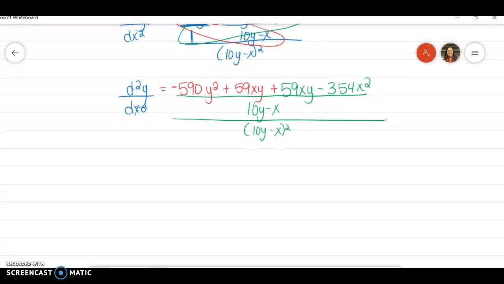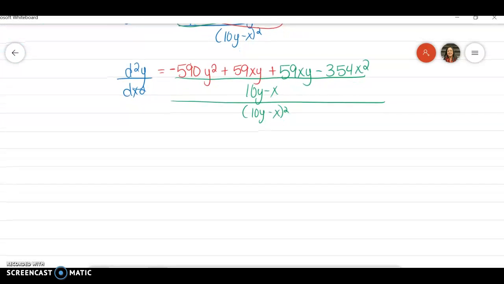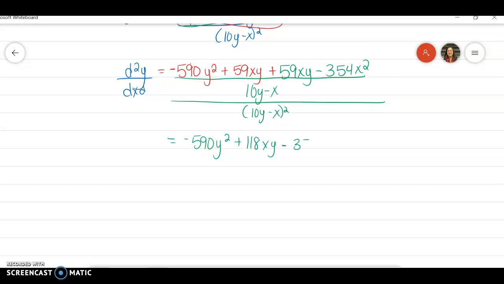Now guys, I'm going to speed up a little bit, but if you combine those like terms in the numerator, that's going to give me a negative 590y squared plus 118xy minus 354x squared. And because I'm dividing by a 10y minus x and then dividing by 10y minus x all squared, remember I've explained this in class before, but what's going to happen here is that it can be rewritten as 10y minus x to the third power.